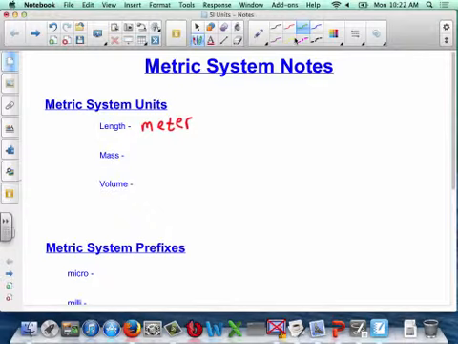Okay, what about mass? Gram. That's the gram. And what about volume? What is our basic unit of volume? What do you think, Ness? Come on.